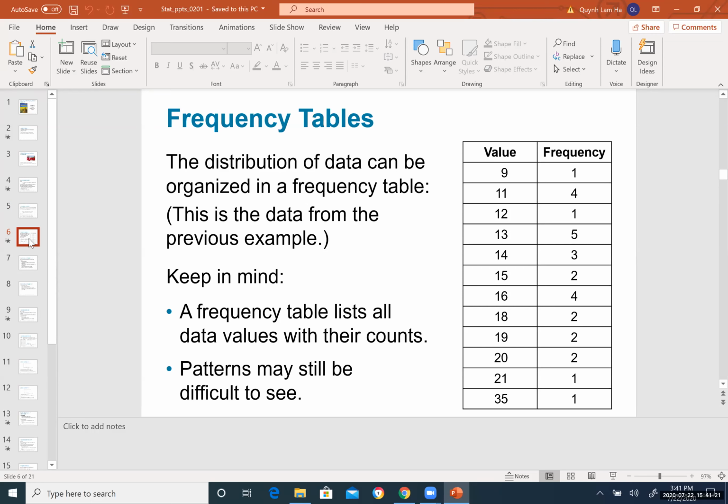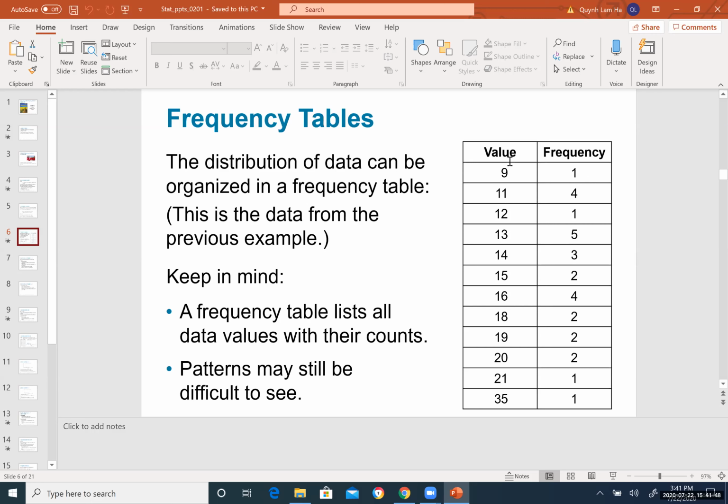For this slide, it looks like they are making a table, and they give us the idea of listing out a value column and a frequency column right here. The value is all the goal numbers, and the frequency means how many times they got it.